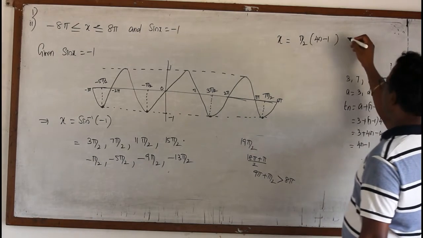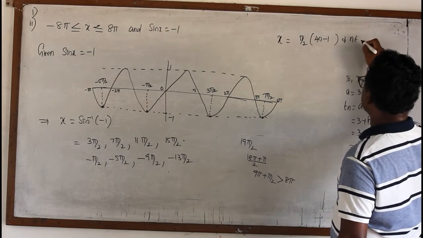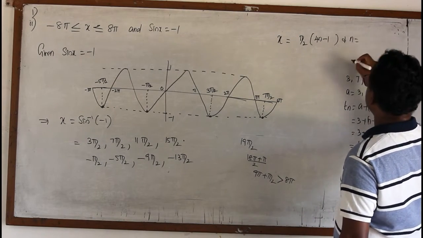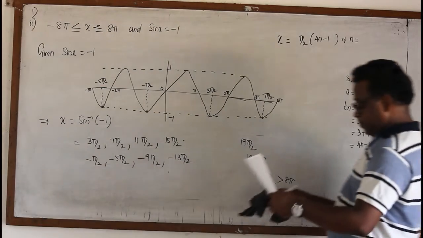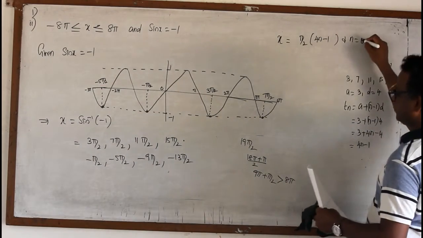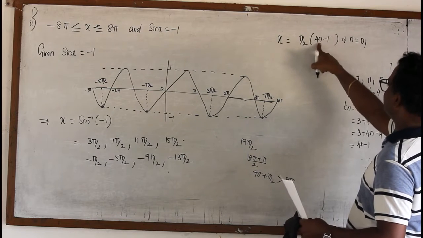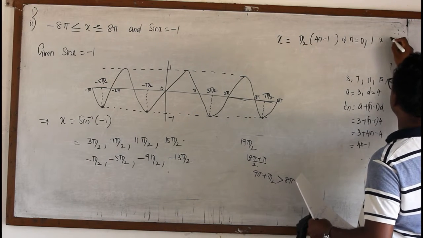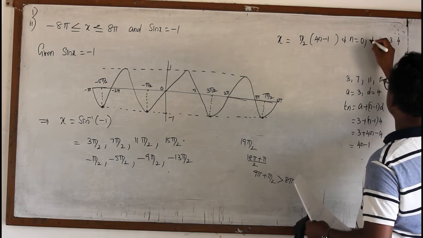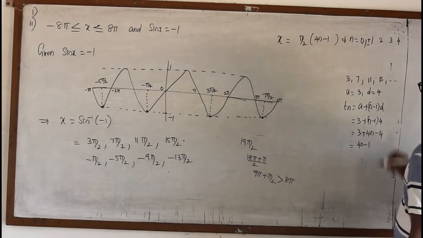Then the n values, n takes 0. When it is 0, we get minus pi by 2 again. Similarly, 1, 2, 3, 4 can take plus 1 and also minus 1.